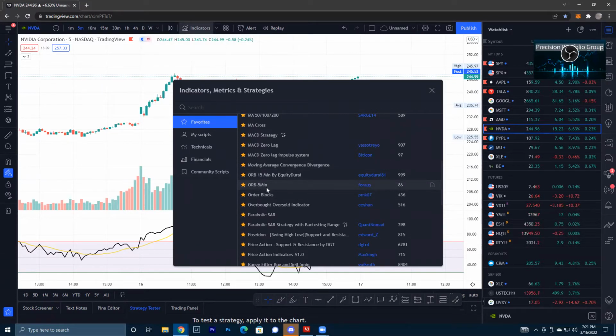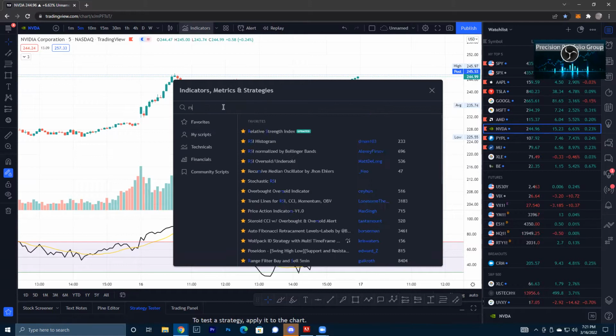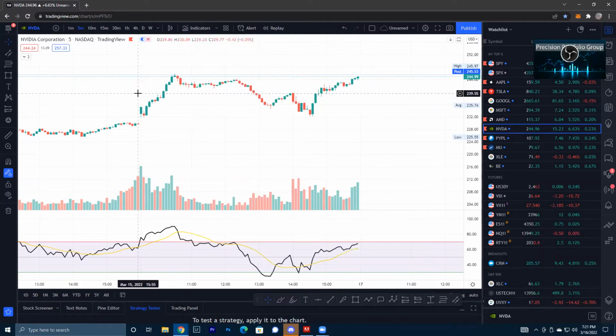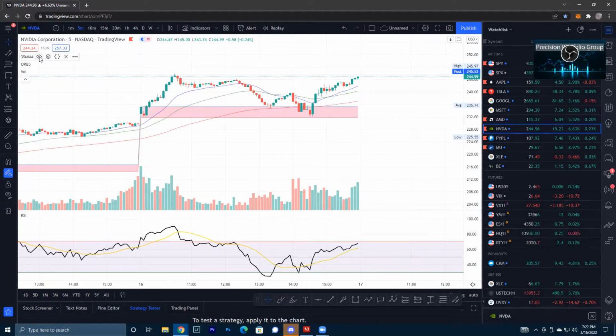Now, the third indicator that I want you guys to go ahead and find is right here, the relative strength index, the one that says updated. Okay, once you have that on your chart, this is what it looks like. You will have the 3 SMAs and also the ORB.